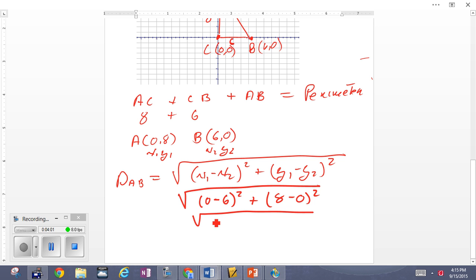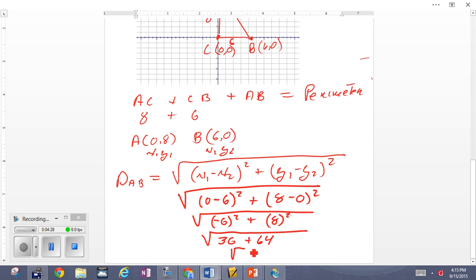And of course, 0 minus 6 is negative 6. Now don't forget, I see some of you make mistakes over here. 8 minus 0, which is just 8 squared. Whenever you square something, it always turns positive. Okay? So even though this is negative 6 times negative 6, which is negative 6 squared, is 36. And 8 squared is 64.